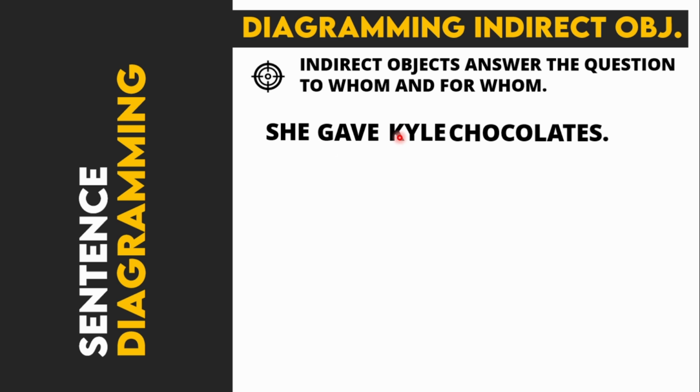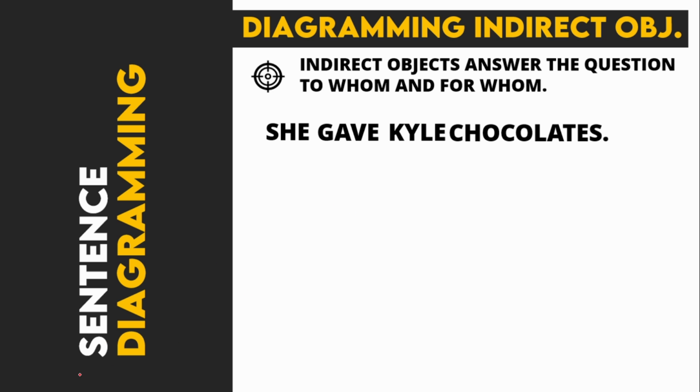Now, I will be asking you what she gave. So what did she give? She gave chocolates. So this now becomes your direct object. And to whom did she give the chocolates? Kyle. So this now becomes your indirect object.